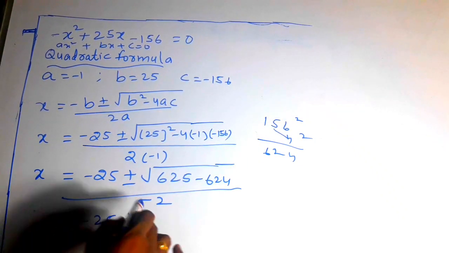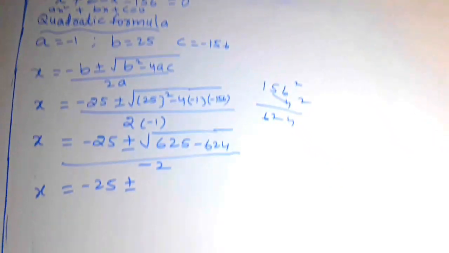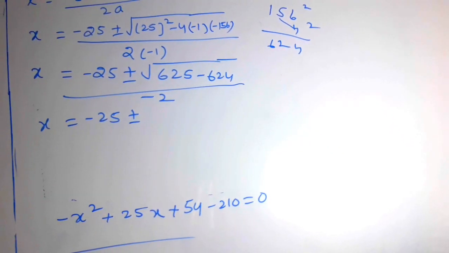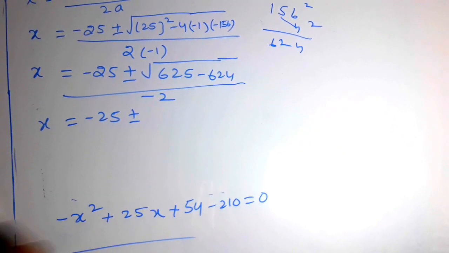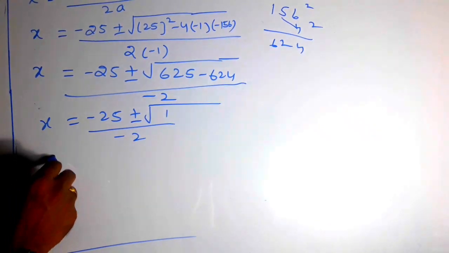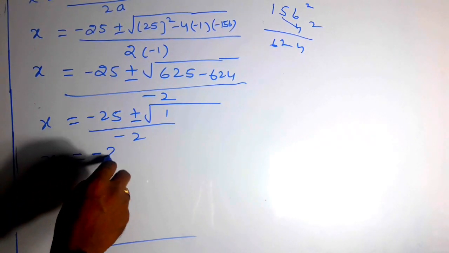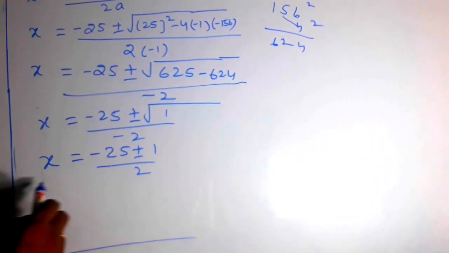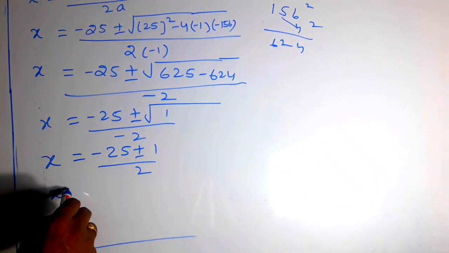So x is equal to minus 25 plus or minus under root 625 minus 624, which is 1, by minus 2. So here square root of 1 is nothing but 1 itself. So finally we are left with minus 25 plus or minus 1 by 2. One time you take plus 1, one time you take minus 1.